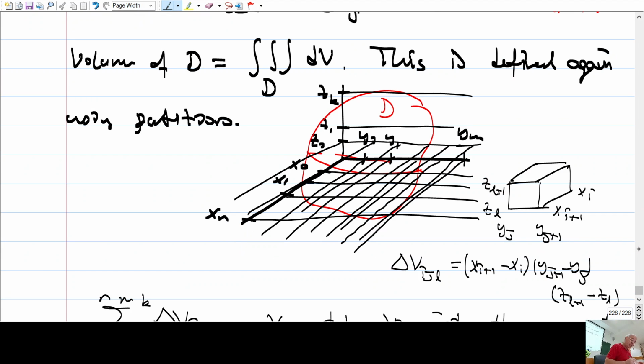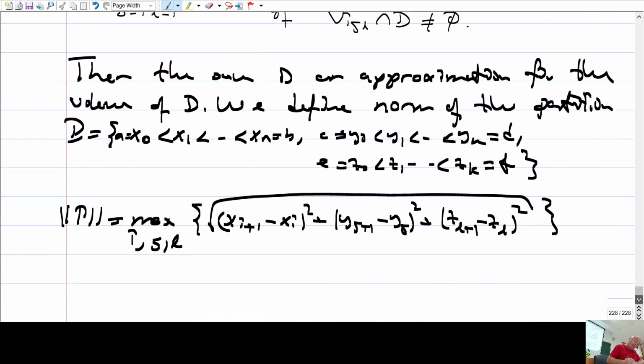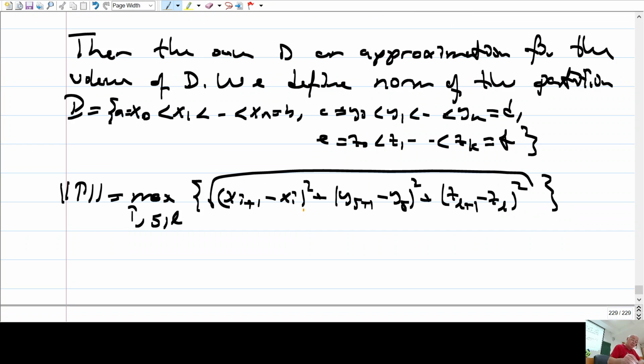So this is nothing but the length of the diagonal of this box. You take the maximum of this, and you call this the norm of P.